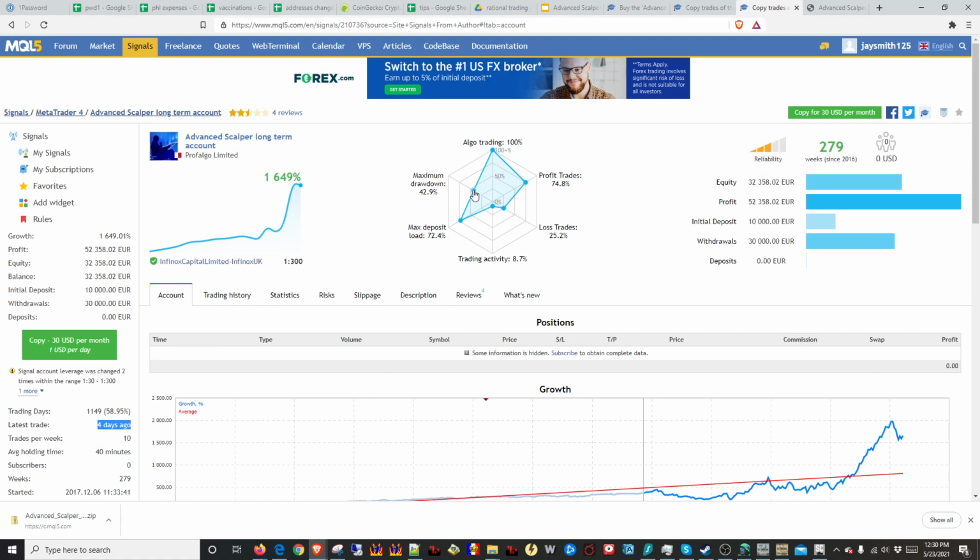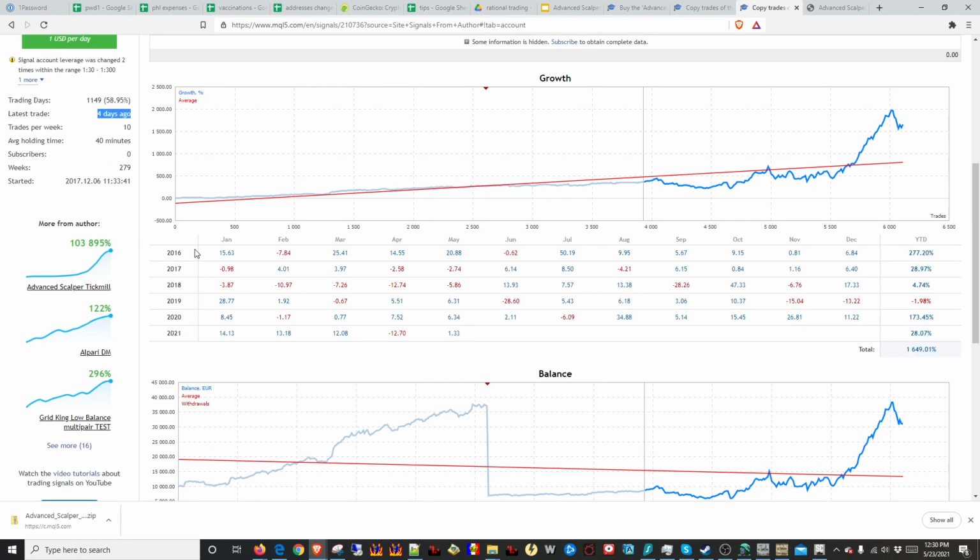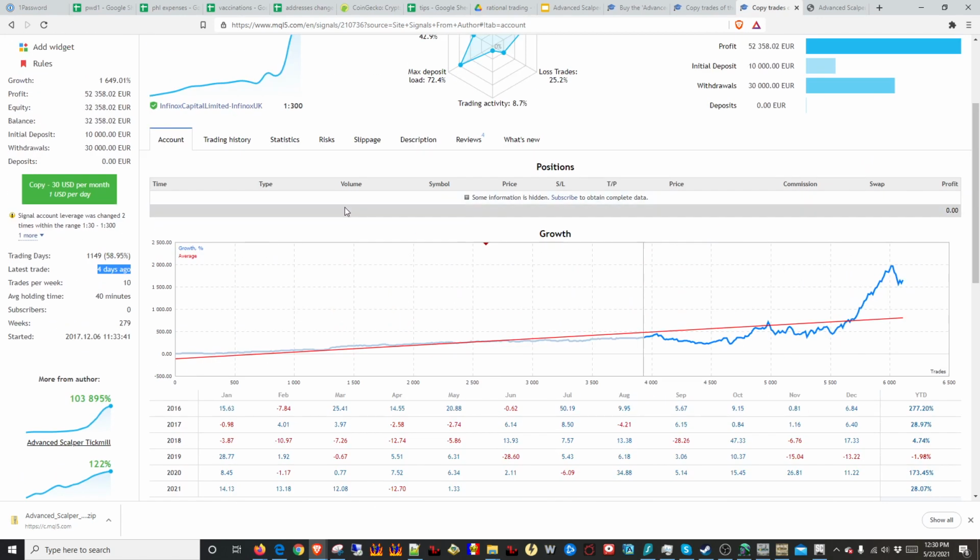Max drawdown 43%. Well, given that he survived, if the numbers before he added it to MQL5 are accurate, and of course anything from before you added it to MQL5 you have to be a little bit suspicious about, and the fact that he's trading with a broker I haven't heard of doesn't help my mindset here. So I have a little bit of a hard time with everything before 2019 or 2020, but given the fact that this guy seems to be a fairly professional trader or professional EA author, I'm inclined to give it credit.